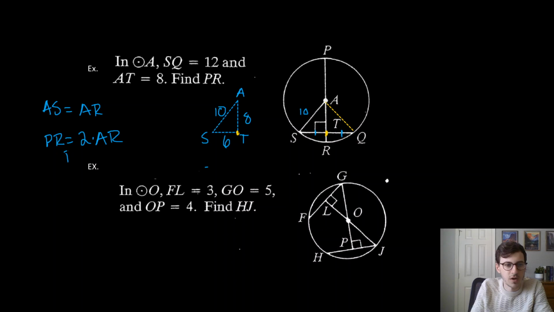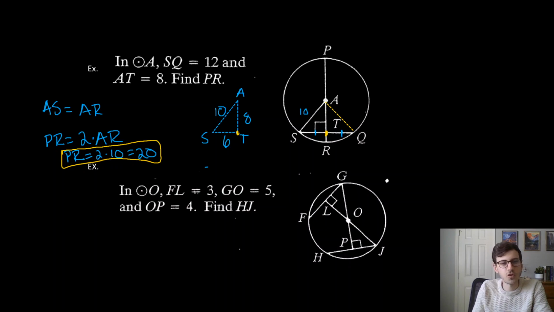So PR must be 2 times 10, or 20. Okay, so the trick there mostly is recognizing, one, that you have a right triangle right here, that this diameter bisects SQ, and then recognizing that AS and AR are congruent.